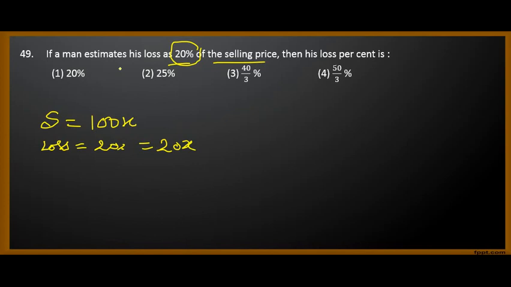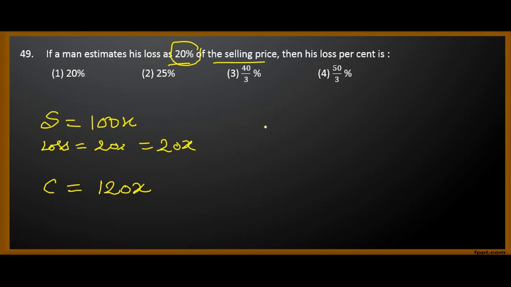Listen carefully. Here he calculated loss on selling price, but actually loss percentage is always calculated on cost price. So I am assuming the selling price is 100x, then loss is equal to 20x. So cost price will become how much? 120x.